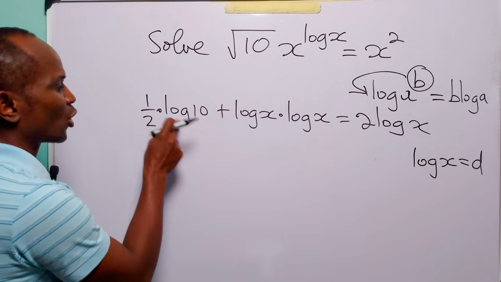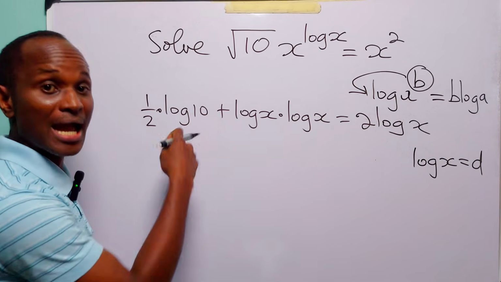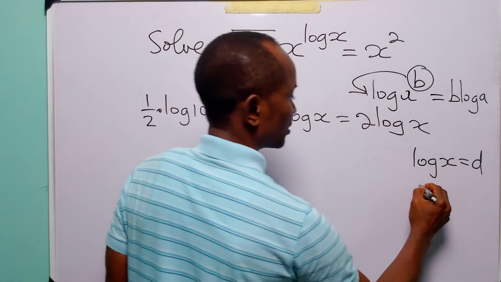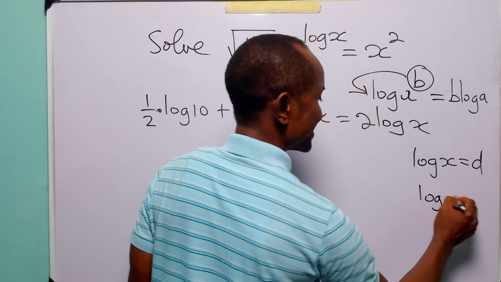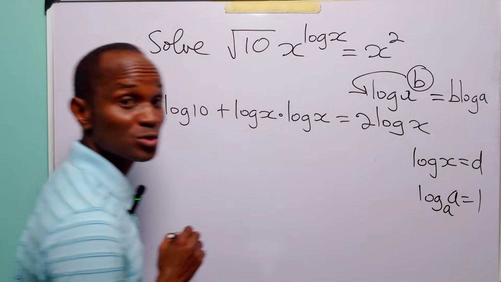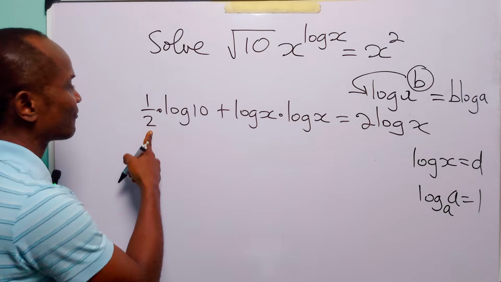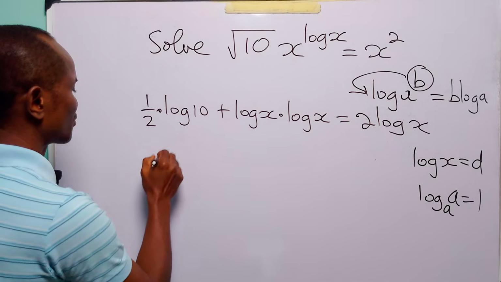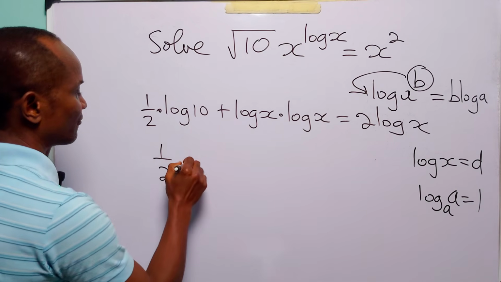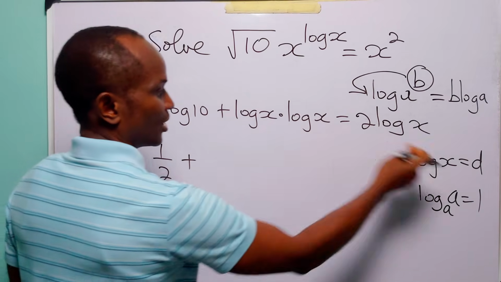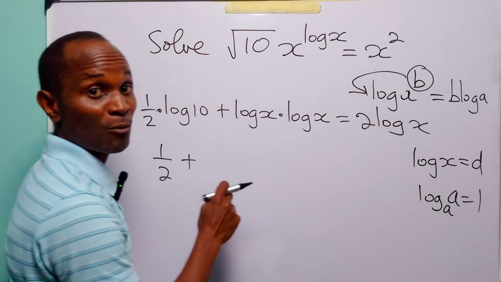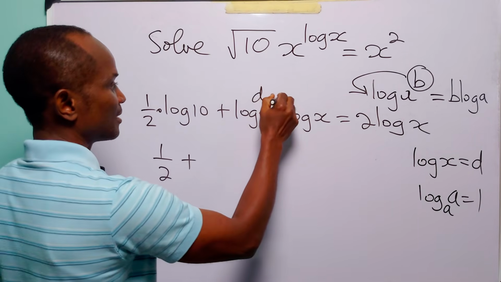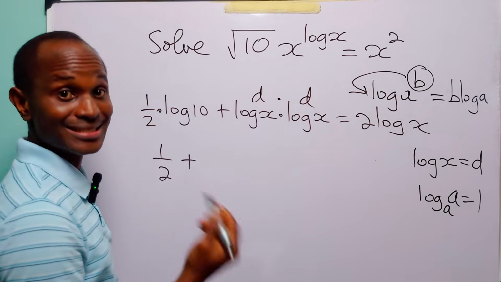Now, to further simplify this equation, let log x be equal to d. Remember that here we have log to base 10 of 10. And of course, you know that log to base a of a is equal to 1. So this is half times 1, which of course is equal to half. Here, log x is equal to d, so this is d multiplied by d, that is d squared.